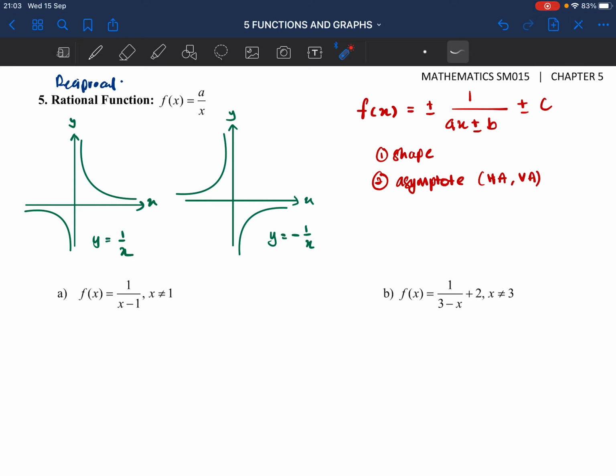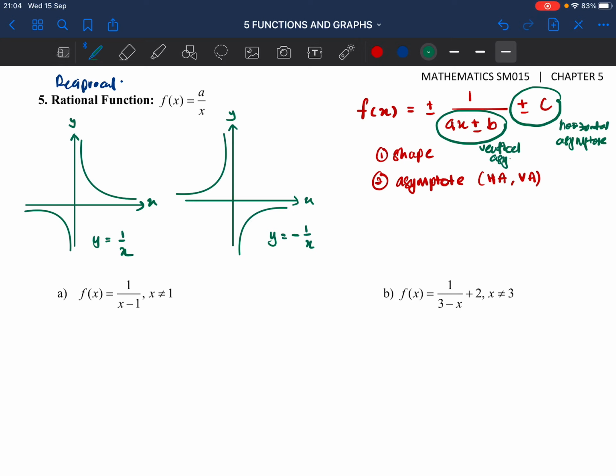Okay, so macam mana nak cari asymptote ni? Kalau macam saya cakap, ini ialah kamu punya general form of rational function. So where is the horizontal asymptote? Here is your horizontal asymptote. Yang berada di luar ini ialah kita punya horizontal asymptote. Okay, so where is your vertical asymptote? Vertical asymptote yang di bawah ini. Okay, ini ialah kita punya vertical asymptote.